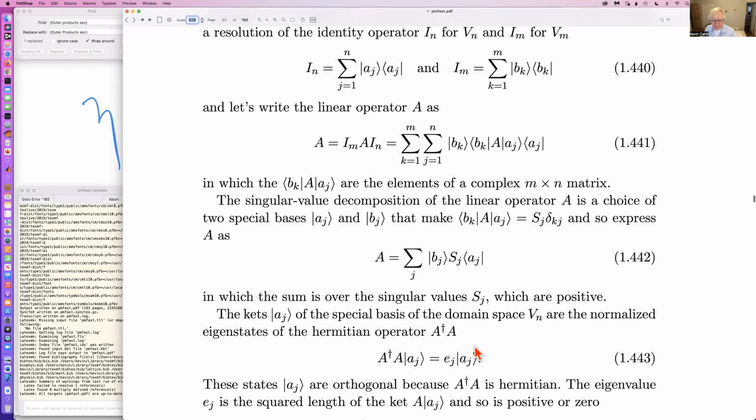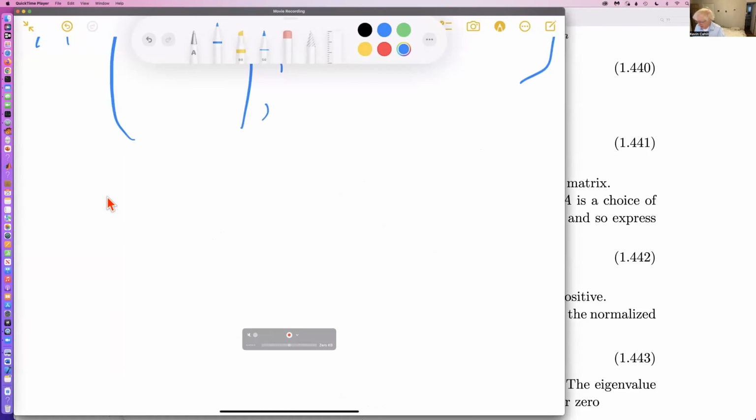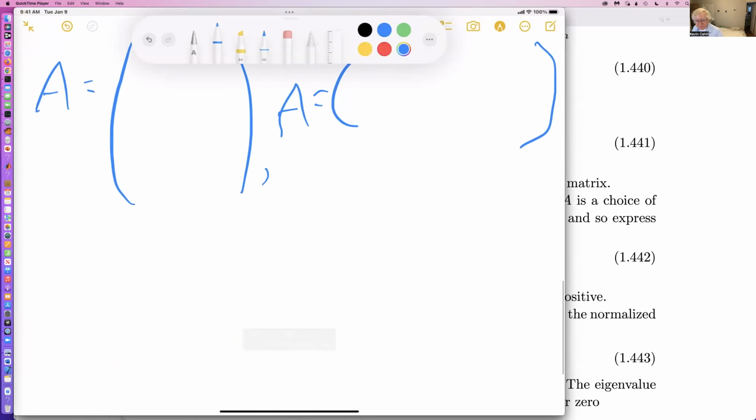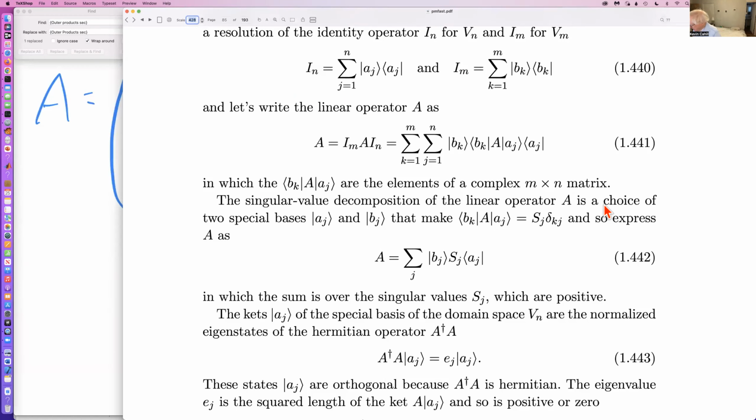So let me, in fact, write that. So in other words, let's see, what was I going to say? Right. In other words, if we take N, A, M, what we would get here would be this sum over J. We can't see that, Professor.